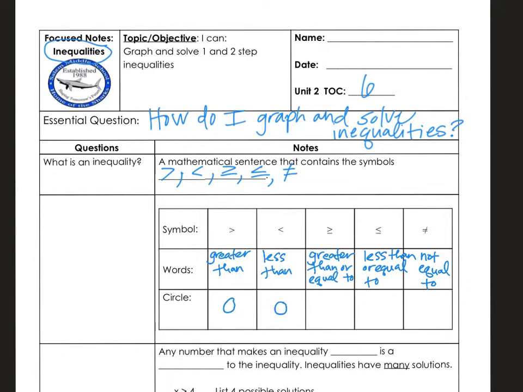Greater than or equal to and less than or equal to have closed circles. So I like to think they've got a little extra thing going on with the line underneath, and so we have to do a little extra by filling in the circle. And this one doesn't have any sort of circle, so I just put NA because it's not applicable.